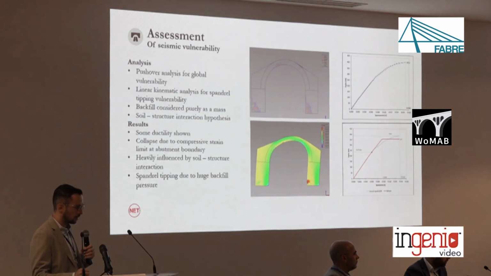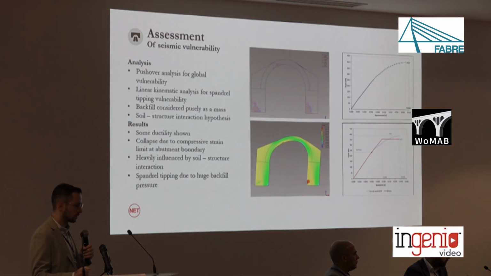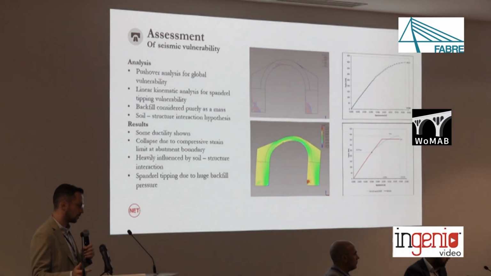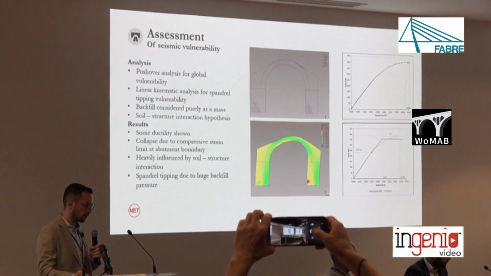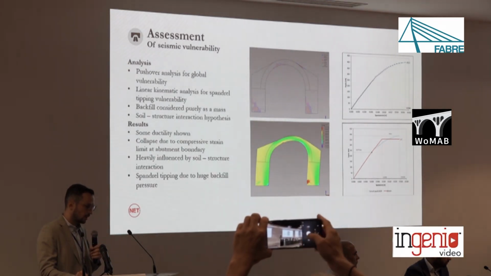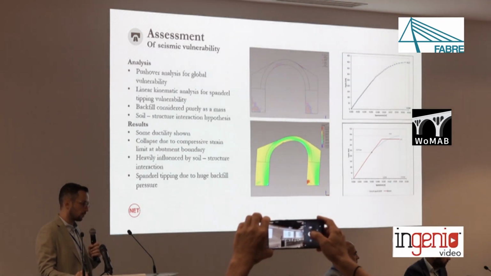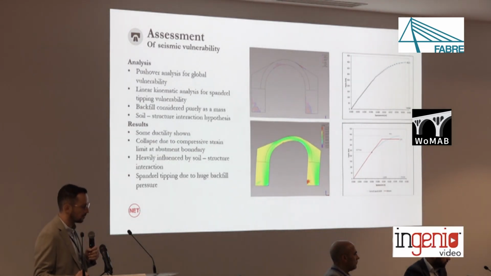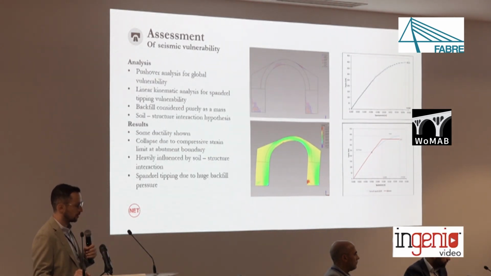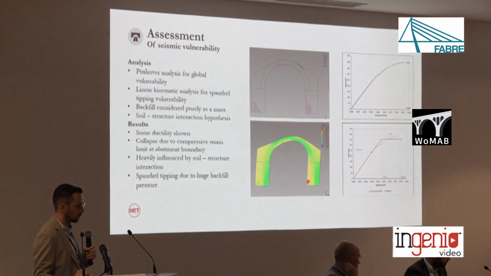Looking at the results, firstly at the pushover curves, we see that even though the structure is itself quite rigid, there is some ductility shown. The pushover was stopped due to the compressive strain limit being met, and this for sure, as we said before, is heavily influenced by the soil-structure interaction hypothesis.